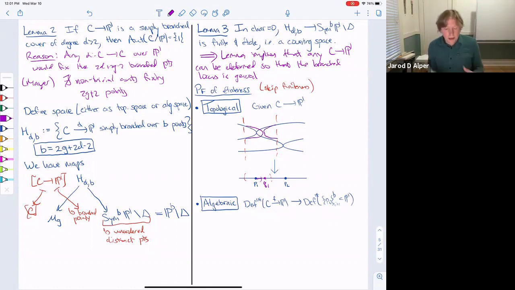Then I form the global cover just by realizing that away over the other opens here, this is just the trivial cover. So I just glue this back to create the purple curve. I can just glue it to the complement, because it's topologically trivial. Is this okay? It's much easier than the algebraic argument.